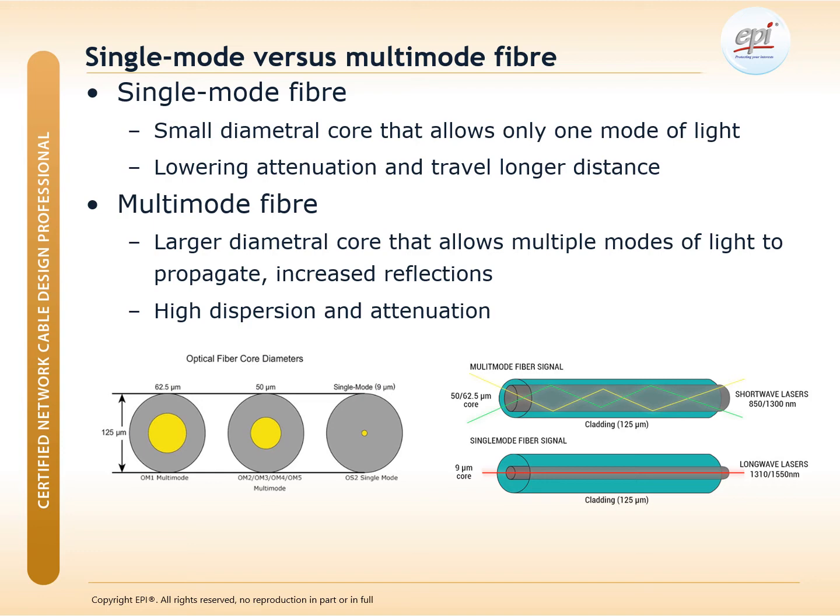The light goes through the fiber by reflection, so they travel a long distance. You see that here? They go a long distance, causing higher attenuation. That's why single mode fiber is usually for long distance, and multi-mode is used for short distance, say inside a commercial building or data center.